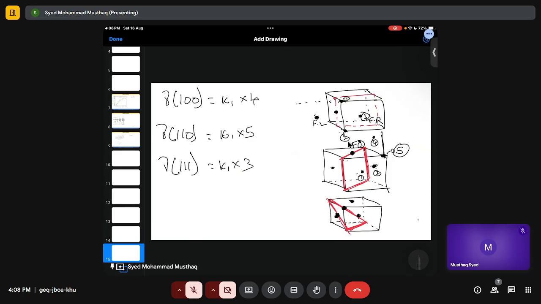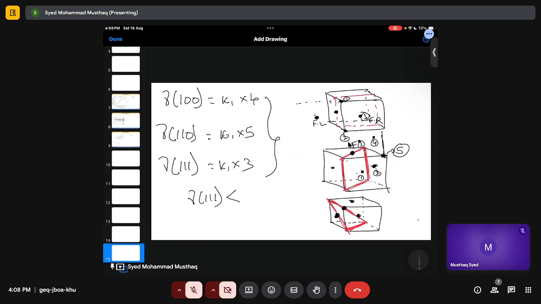Now tell me, among them, which has the lowest surface energy? Lowest surface energy means the lowest number of bonds being broken. The lower the number of bonds broken, the lower the surface energy. So among them, the 1, 1, 1 plane has the fewest bonds broken.